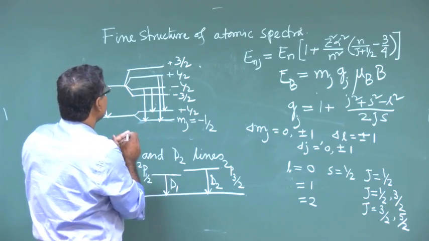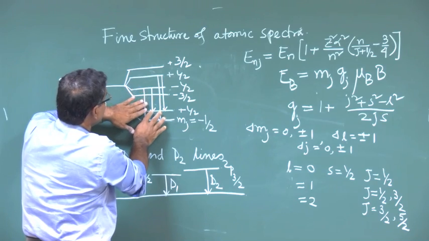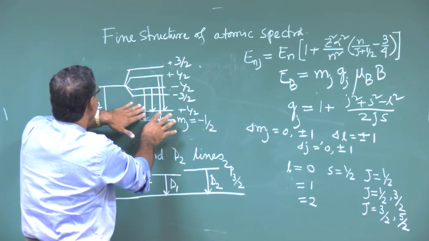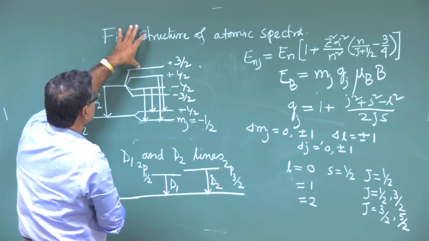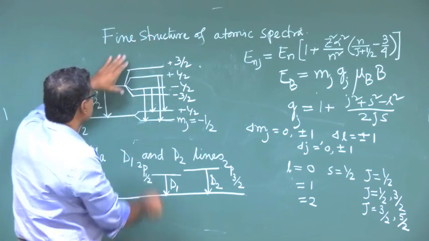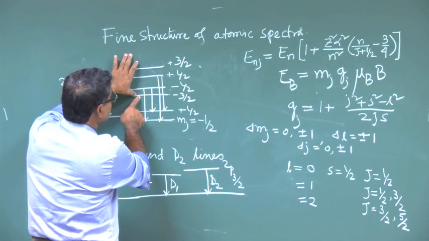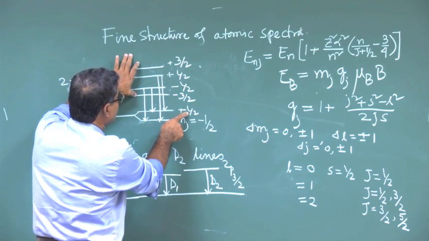Now, this transition will be allowed, whatever we have seen already. Additionally, I have 2 more levels, minus 3 by 2 and plus 3 by 2. Minus 3 by 2 to half, this transition is not allowed because delta mj will be 2.